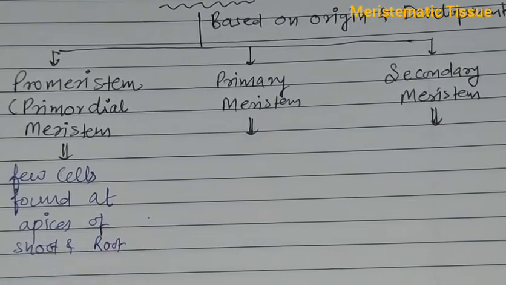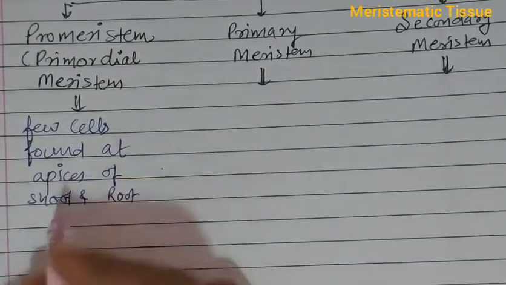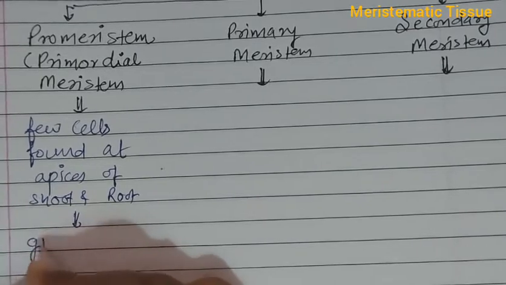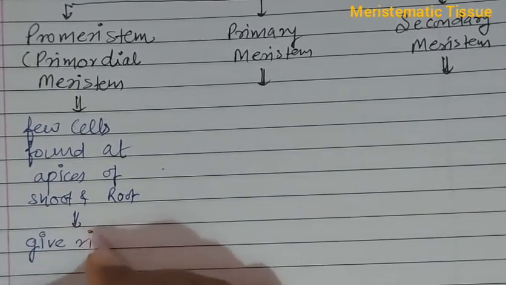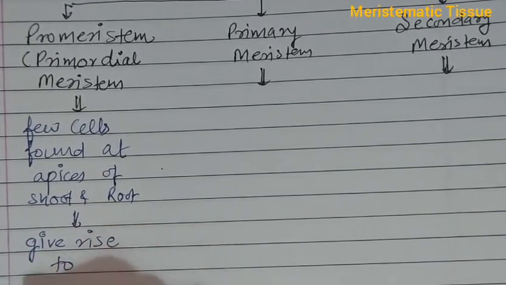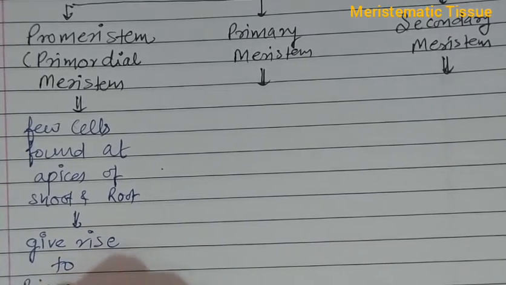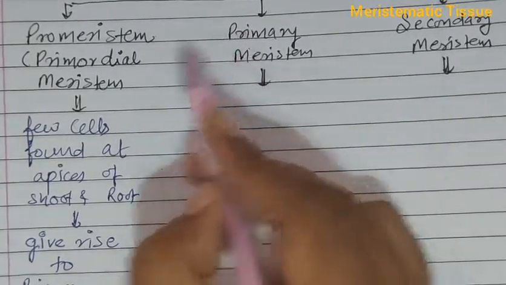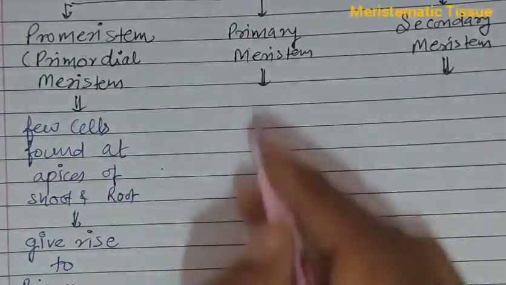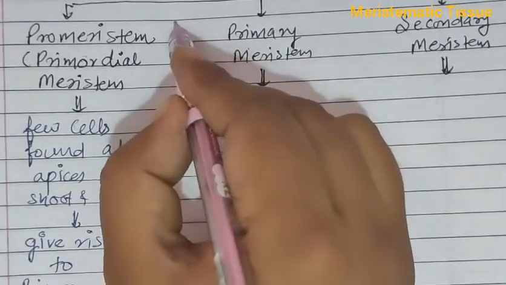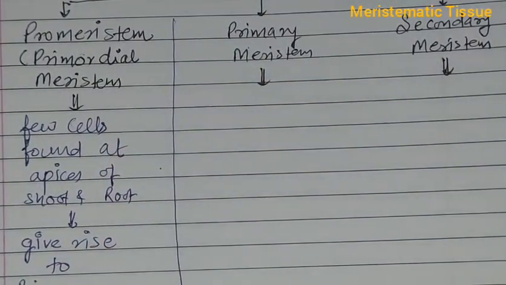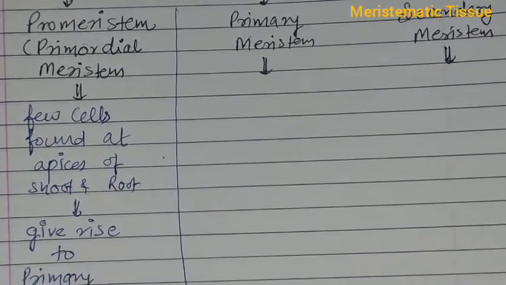They are present at the apex of root and shoot, and they give rise to primary meristem. Means this primary meristem is going to derive from the promeristem. Okay, so now you have understood that promeristem are the meristem which are present at a shoot apex, a root apex, and give rise to primary meristem.